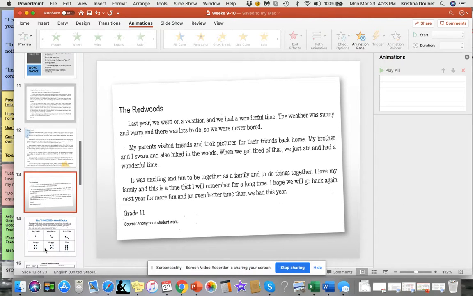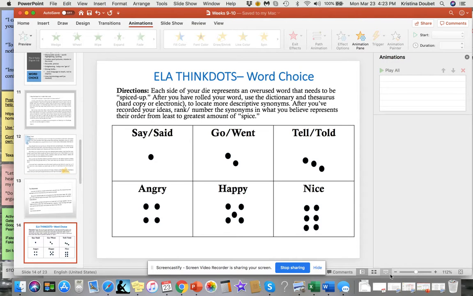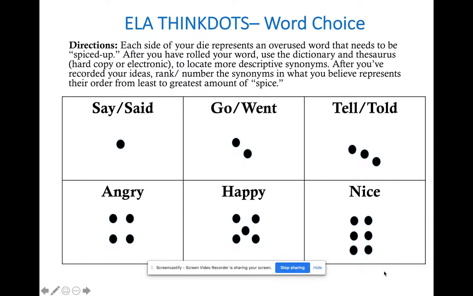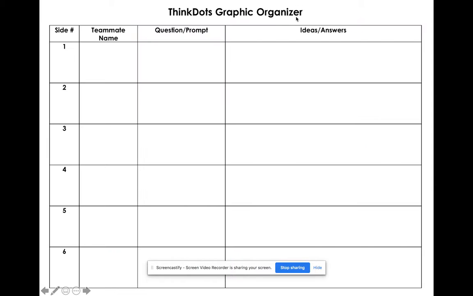We'll talk about those. What I want to show you is something that I have done to help students with word choice. Let's say I read their writing and I see that these are some common words that they're using over and over again in their writing. Then this is a strategy called Think Dots, and I'd have kids sitting in groups of 6. They would roll and they would write their answers like their teammate.